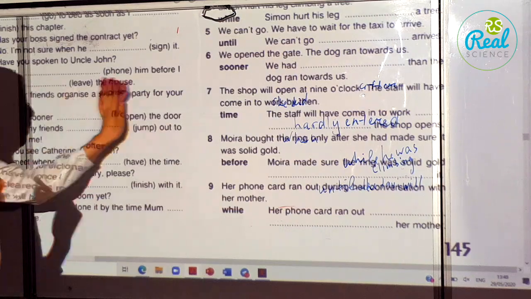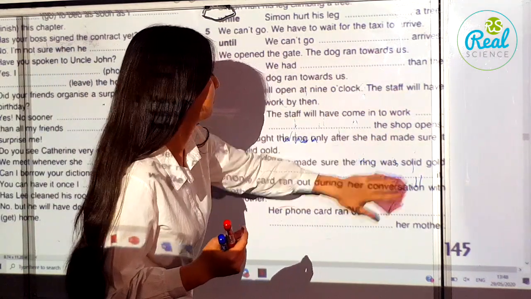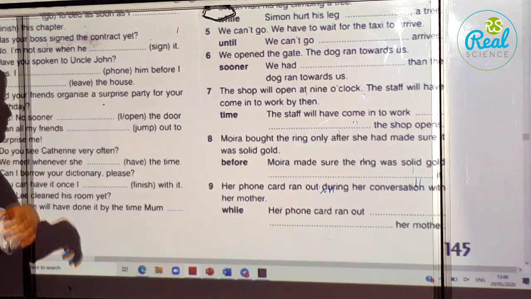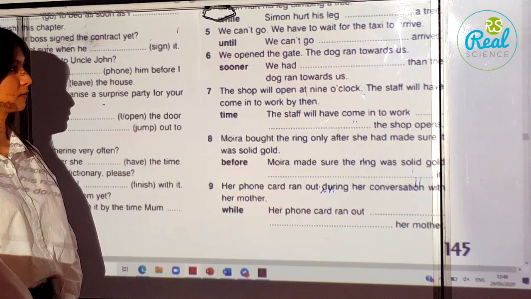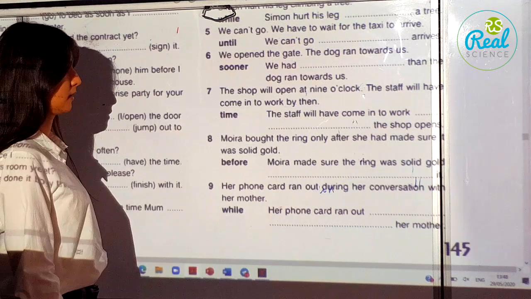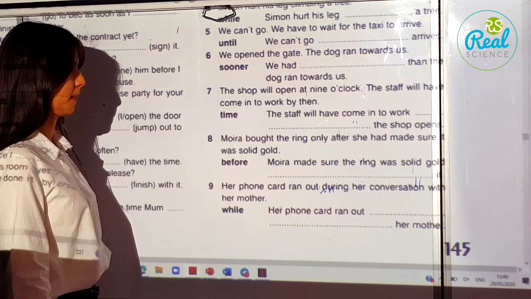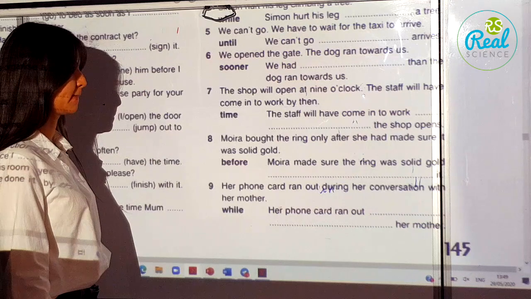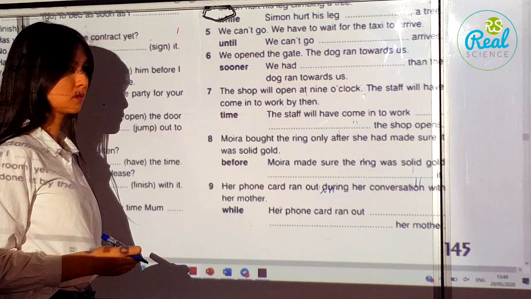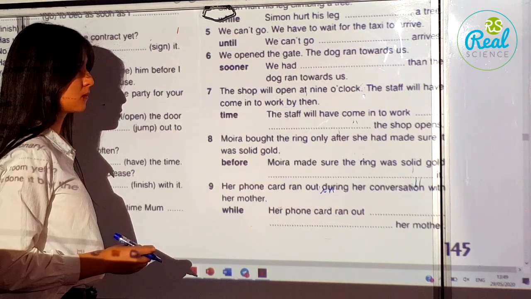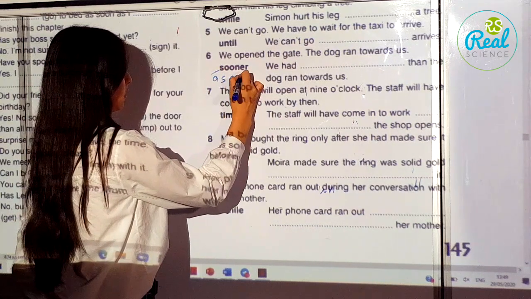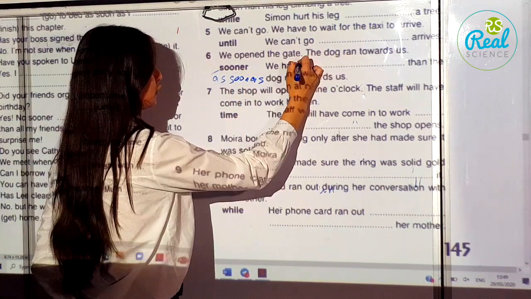So the sixth one. Jasmine, can you read? We opened the gate. The dog ran toward us. We had sooner opened the gate than the dog ran toward us. Can you explain the meaning of this word? Sooner means as soon as.